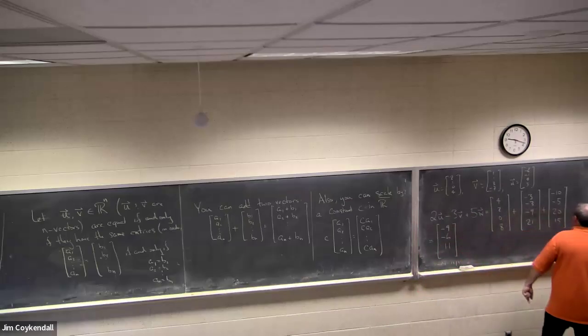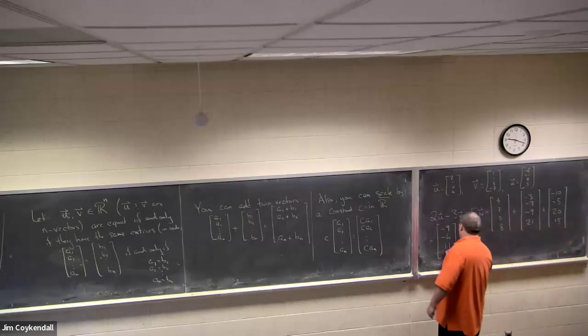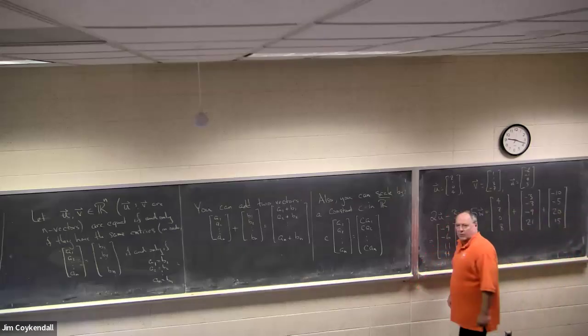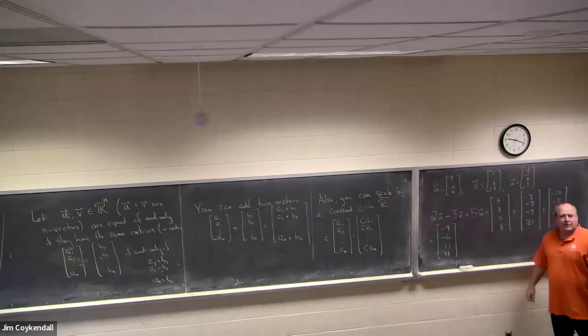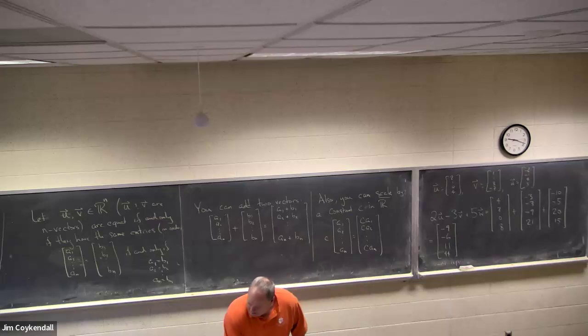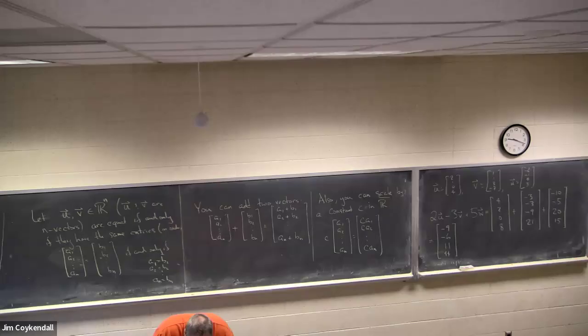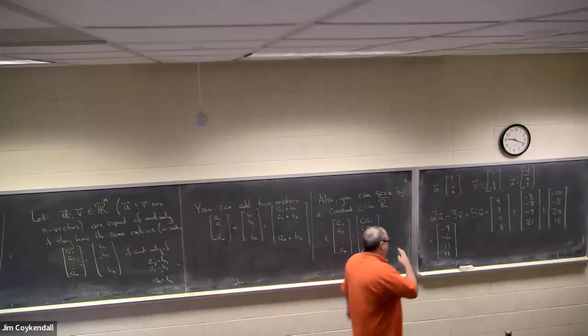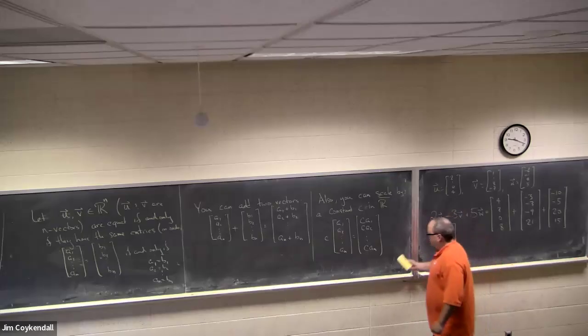And 29 and 15 is 40. So that is the new vector I would get by combining these, okay? I sort of wrote this down in a sloppy way, but I'm going to write this down more carefully here.